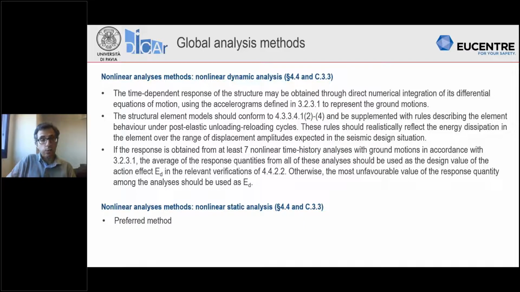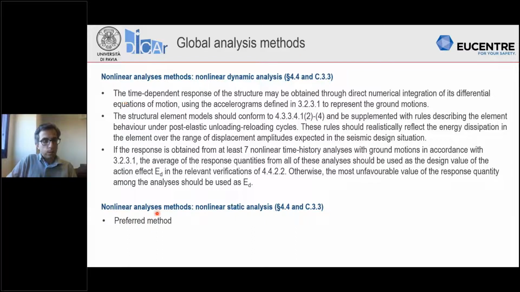And they should also be able to capture the energy dissipation. If the response is obtained using at least 7 ground motions, you are allowed to use the average of the response to perform the safety check. Otherwise, you have to use the maximum, so the most unfavorable value of the response.